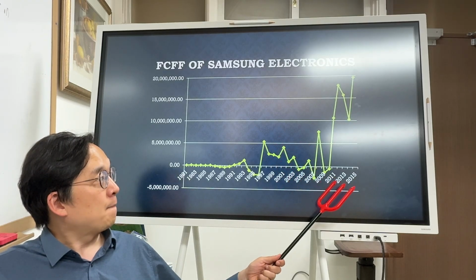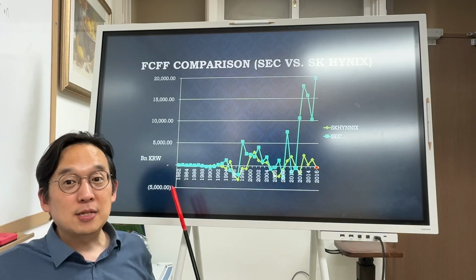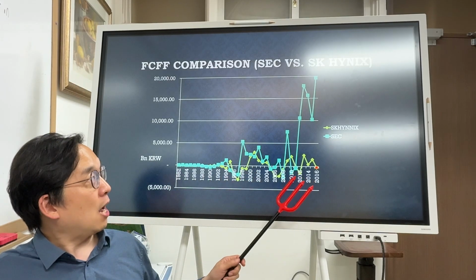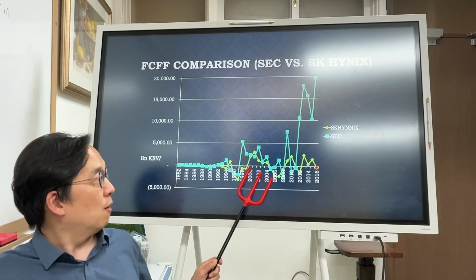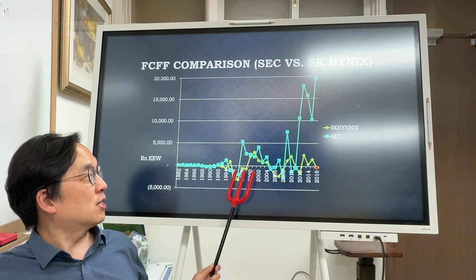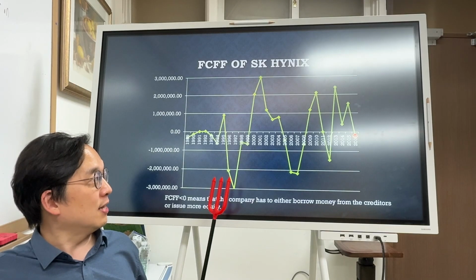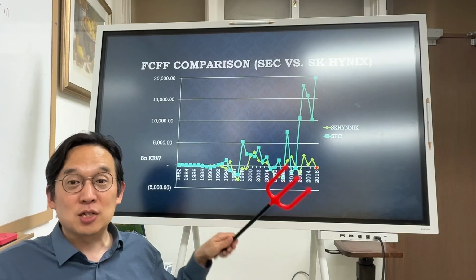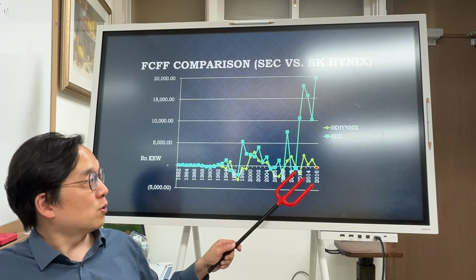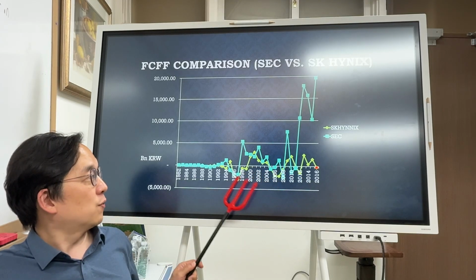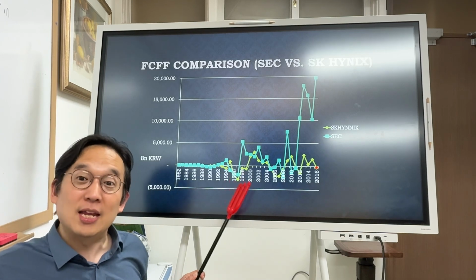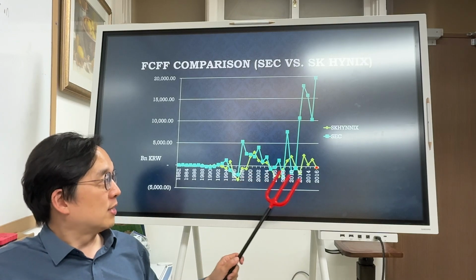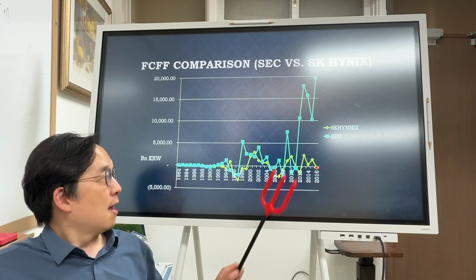And if you put both companies in the same perspective to make a fair comparison, how volatile is it? How risky is it? Well, SK Hynix looked a lot more volatile in this graph, but as it turns out, the magnitude itself is not that terrible, because Samsung was also suffering negative cash flow in this period, the IMF crisis or financial crisis period, 1997, or some other down cycles like this.